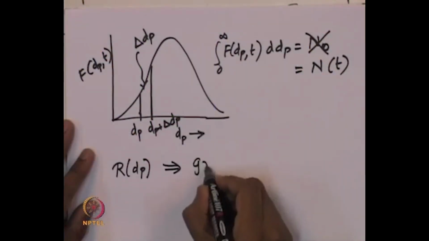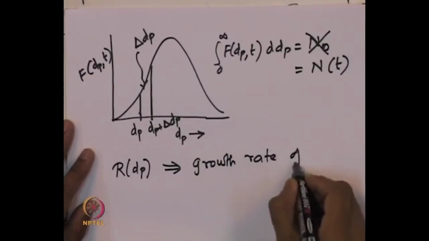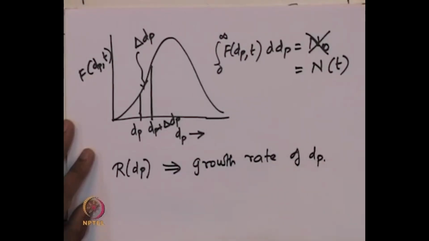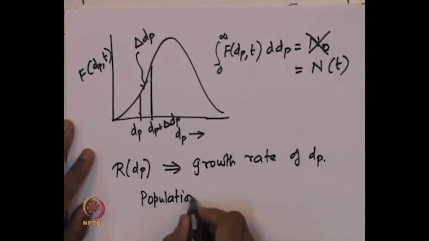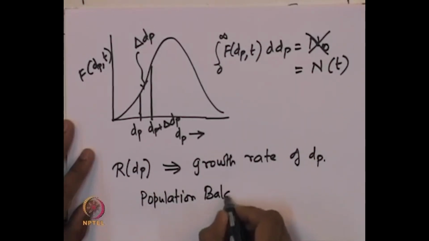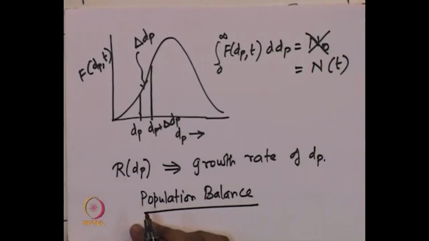So, that is the growth rate of a particle whose diameter is dp, and then one can write a population balance equation in order to capture the dynamics of the whole distribution itself as the reaction proceeds.